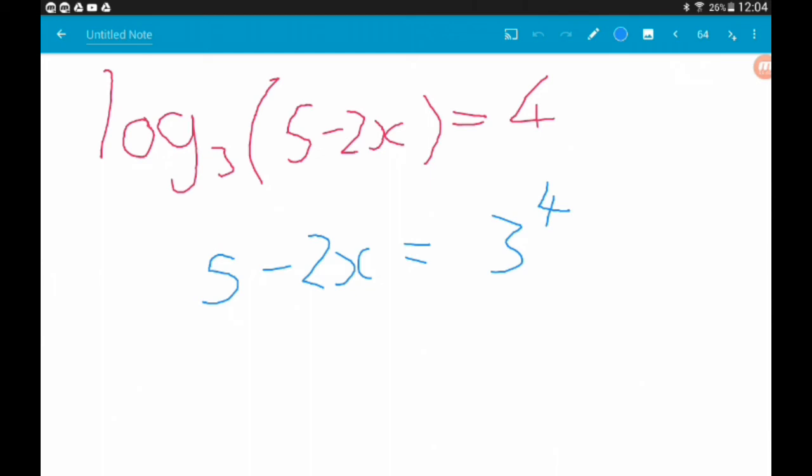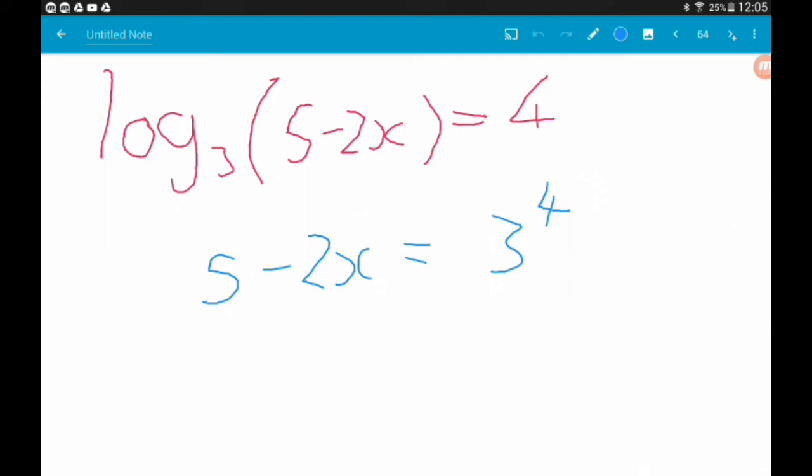In previous examples, I've written in that step on the left where I would have written 3 to the power of log base 3, 5 minus 2x, but you don't need to. So, try and get in the habit of not doing so. Maybe try and write as little as possible if you're as lazy as me.